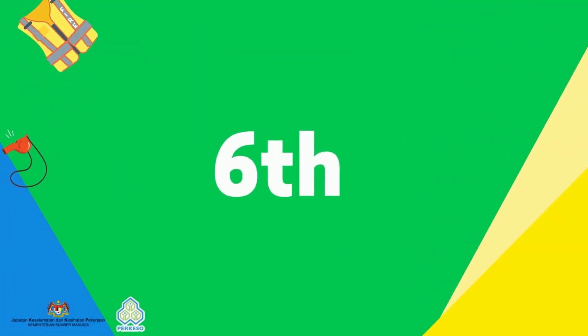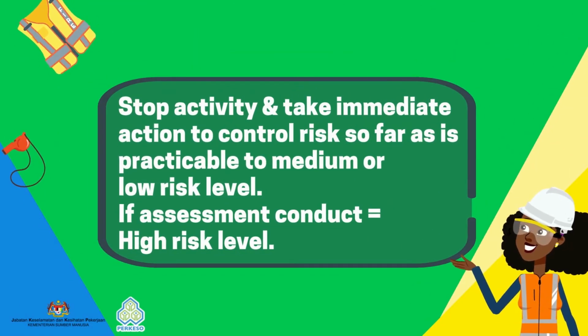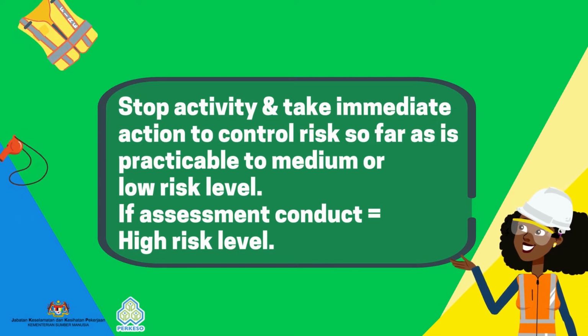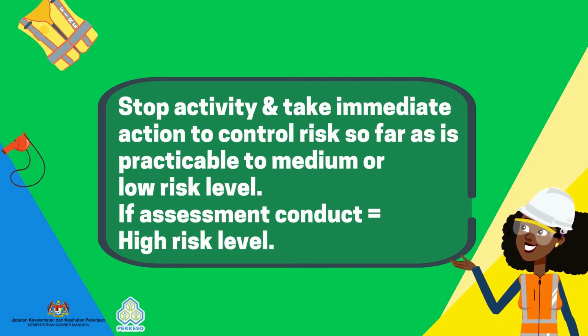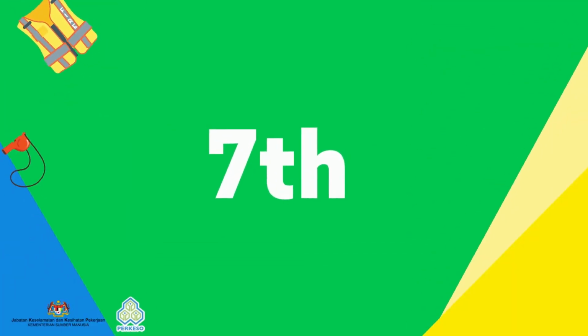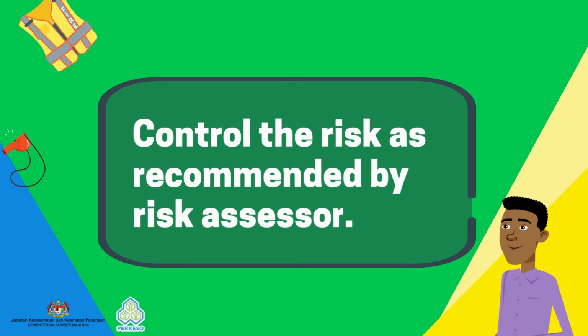Next one is to stop activity and take immediate action to control the risk so far as is practicable to medium risk level or low risk level before carrying out any activity if the assessment conducted indicates high risk level.